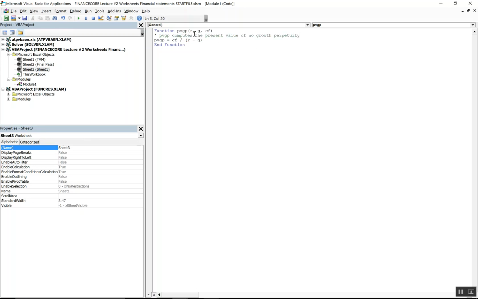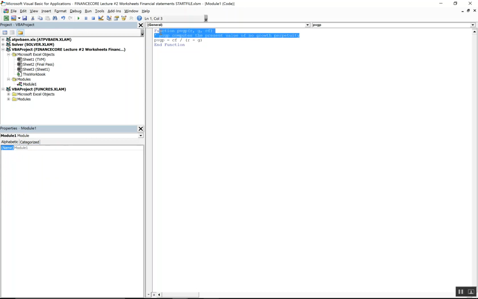Notice it turns green. Now I could also put this comment to the right of the code.